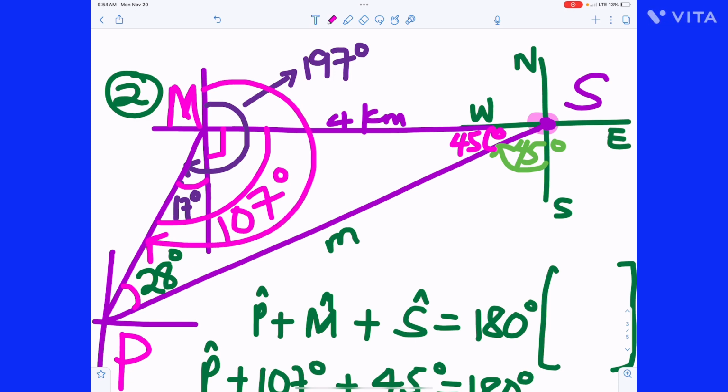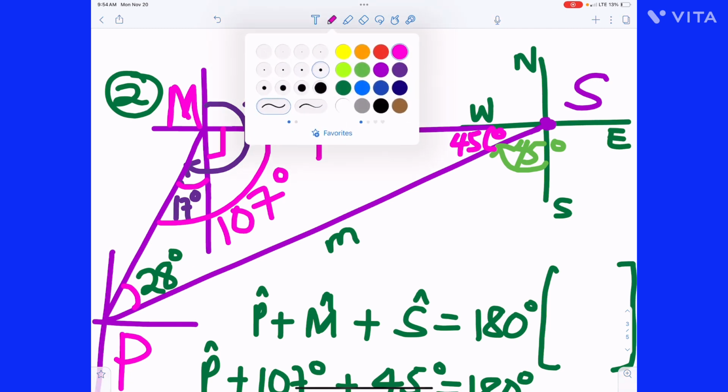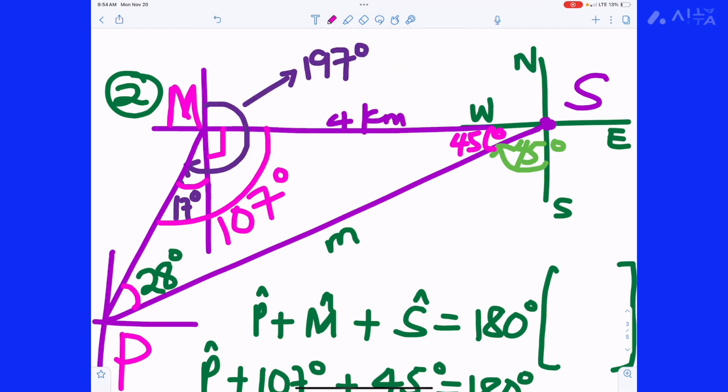You will get 17 for this small corner after subtracting 180 from 197. So 17 plus 90, this is 90. If you add 90 to 17, you get 107. That's how we know the whole angle here.